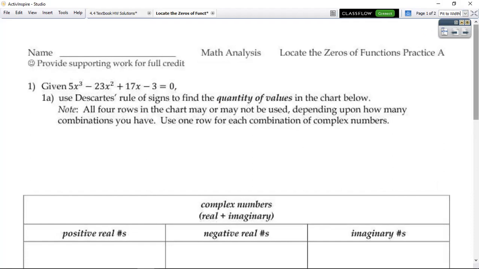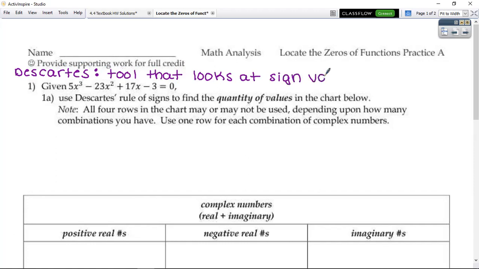So Descartes, this is a tool that looks at sign variation to determine your rational roots. So it narrows things down for you a bit.